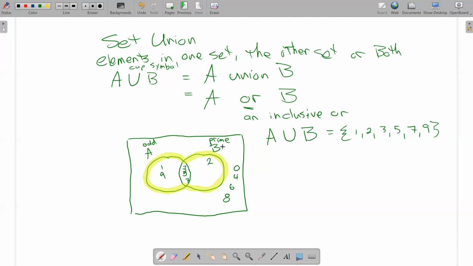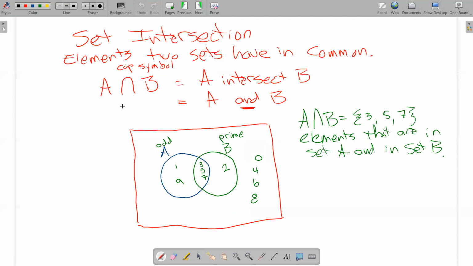Now, again, keep in mind that A says, hey, I own the elements 3, 5, and 7, and B says the same thing. So when we're counting elements in sets and we're looking at multiple sets at the same time, we've got to always be careful of the fact that they could have something in common, like these two sets have. So what I next want to talk about is the relationship between the union and the intersection and the number of elements in both. Back to the intersection for a second. Picture-wise, the intersection, oops, zoom, get out of the way, please.